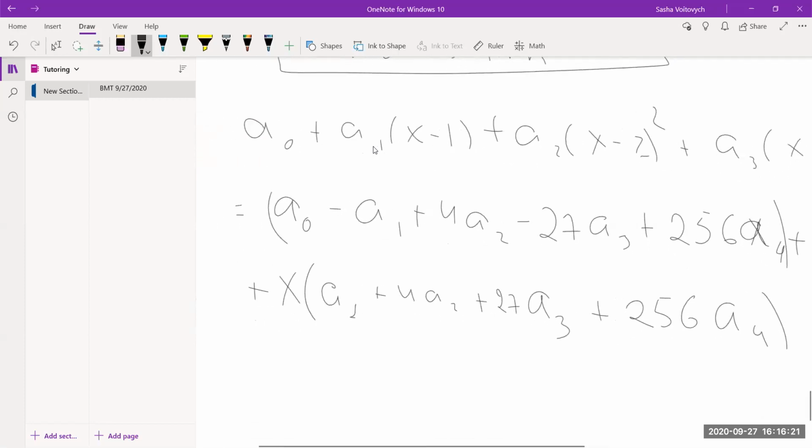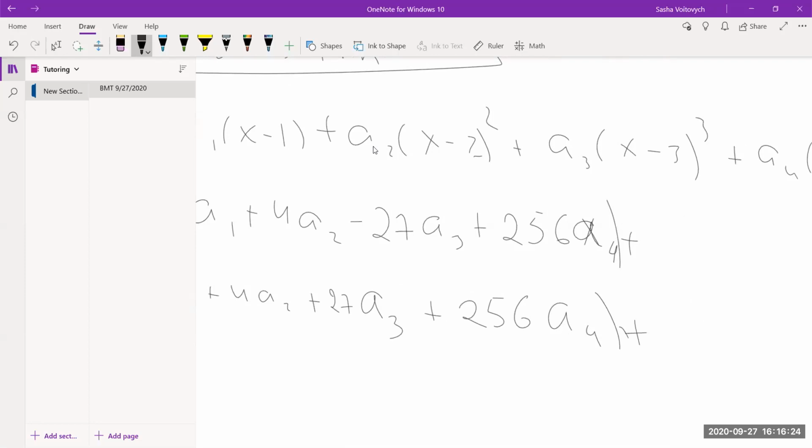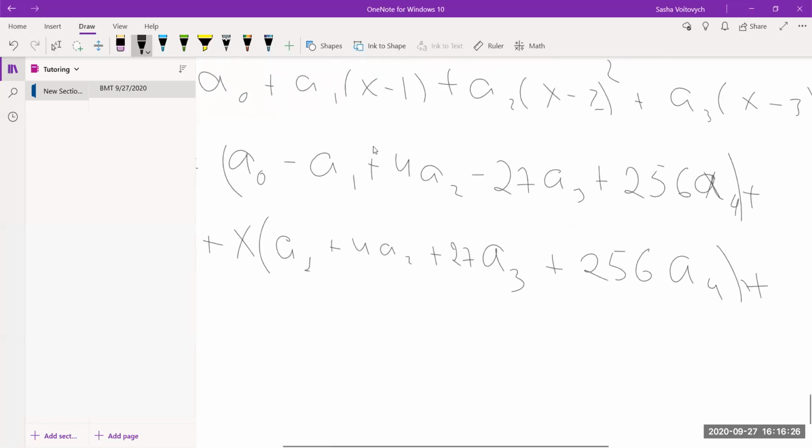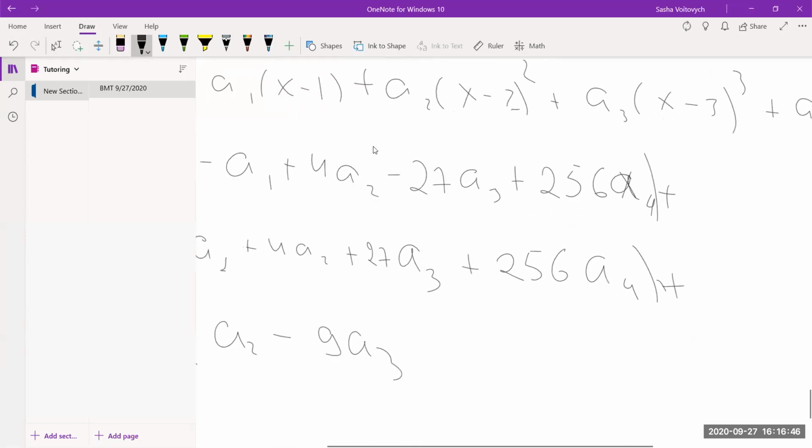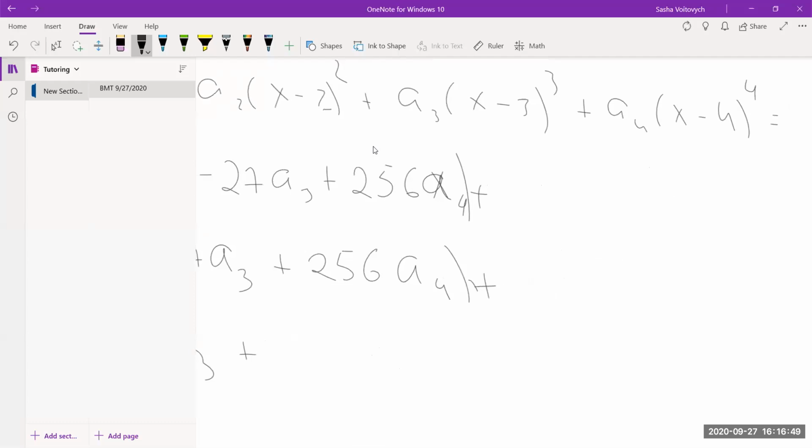Yeah, all right. Then the coefficient of x squared is going to be equal to A2 minus 9A3 plus, so 6 times 4 squared, 96, I think.